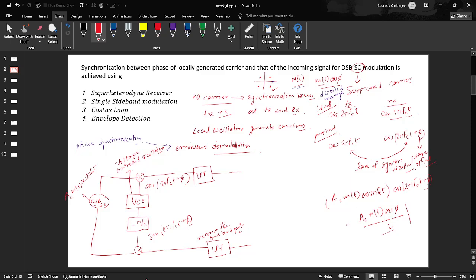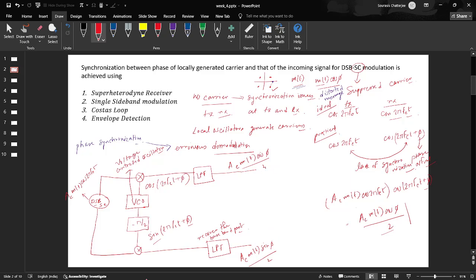Another part will be there that corresponds to higher frequency 2fc, but since we are passing it through a low pass filter, this part is what is left. So let me write it down here: Ac m(t) cos φ by 2, that is what I am getting here. Similarly here, if I do the math, I will get Ac m(t) sin φ over 2, because here we are multiplying with sine.